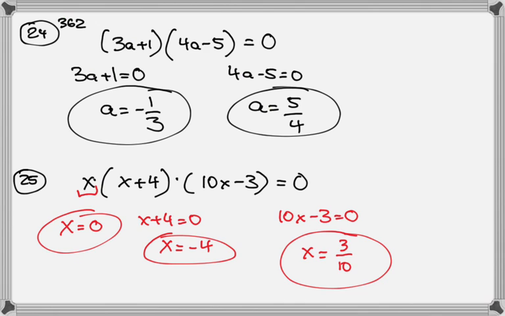So everybody good? Something like 25. 3 factors, you get 3 answers. And just real quick, again, some of us are visual learners, so we have a -4 here, we have a 0, and we have a 3 over here.